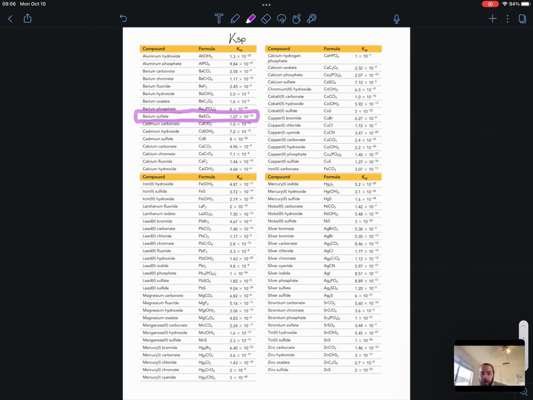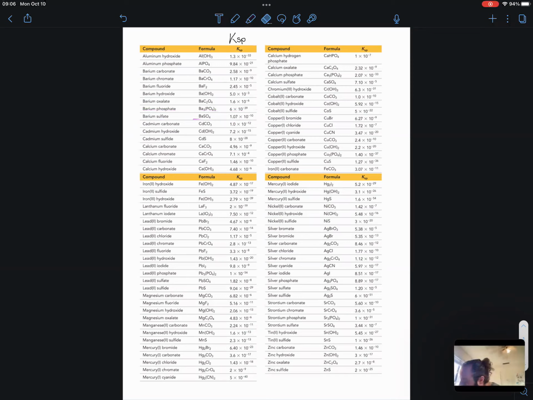Again, it's not going to be very much, but we're going to see how much of these barium ions and sulfate ions are able to dissolve in solution. So that's the name of our game. These previously insoluble compounds, now we're going to have this list of Ksps, and they're going to help us determine the exact degree to which these will dissolve in water. Again, it's not going to be much, but that's the name of the game here.